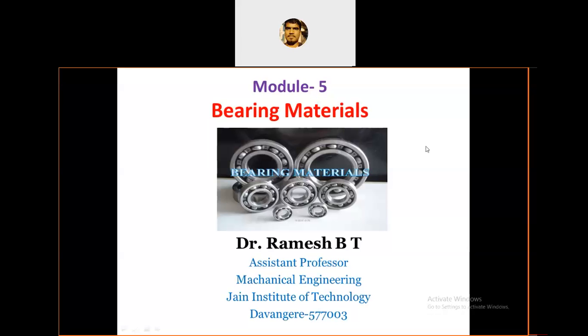That means in which condition we have to use which type of bearing material, what the different types of bearing material are, and what the good characteristics of a bearing material are. That is what we are going to discuss in your fifth module, called bearing materials.